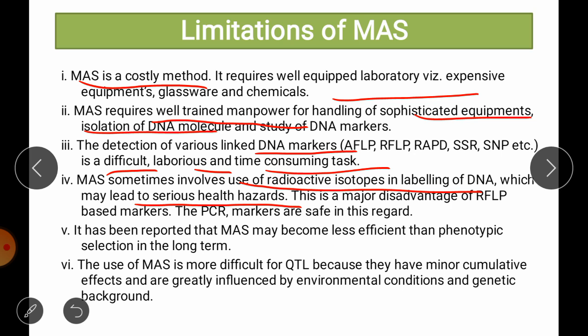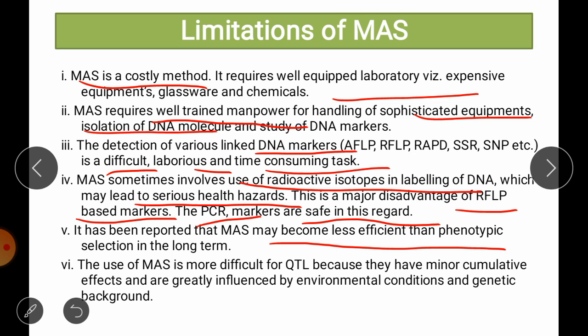So that is also a problem here. That is a major disadvantage of RFLP based markers, while PCR markers are a little bit safe in this regard, as they don't require the use of this kind of isotopes.